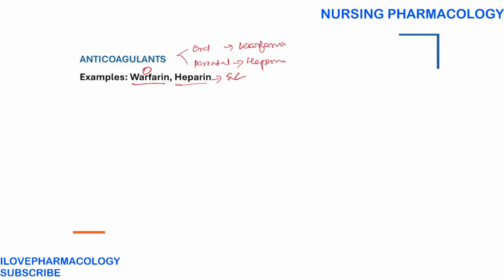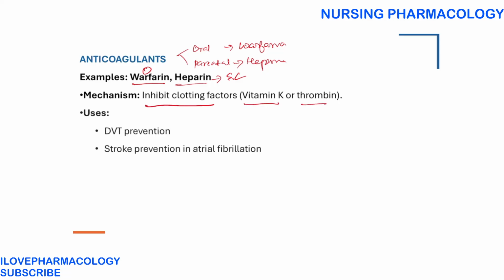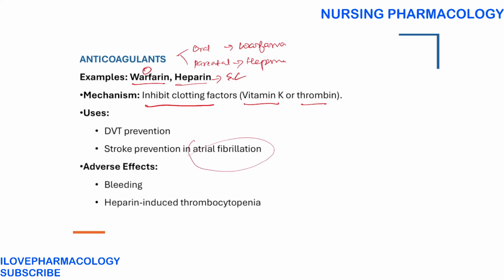The mechanism is they inhibit the clotting factors, like vitamin K dependent factors and thrombin. Basically it is used in the prevention and treatment of DVT, deep vein thrombosis, and also to prevent stroke in case of atrial fibrillation. And adverse effects: it increases the risk of bleeding, and heparin can cause heparin induced thrombocytopenia.